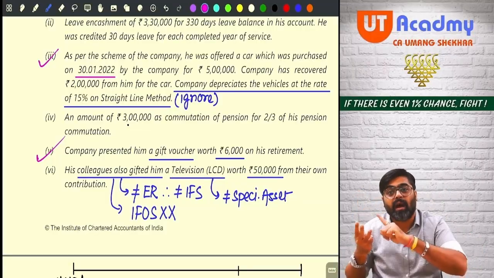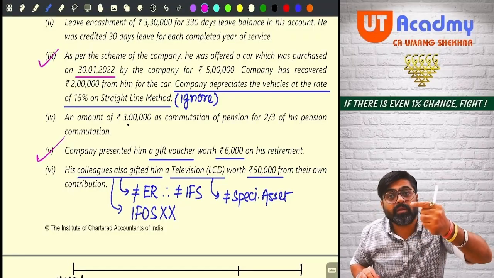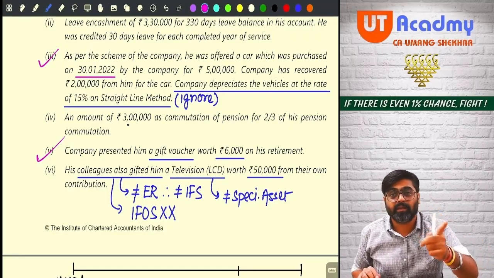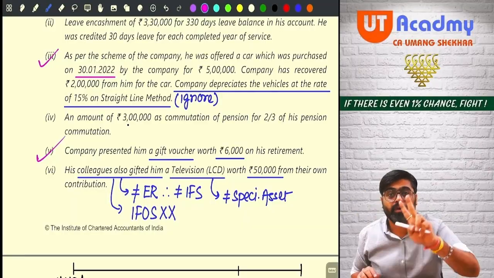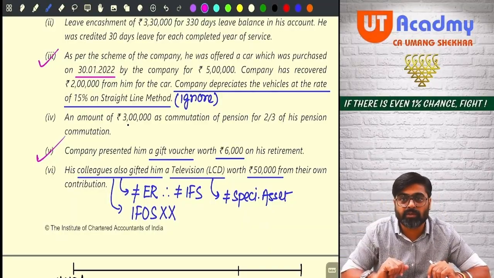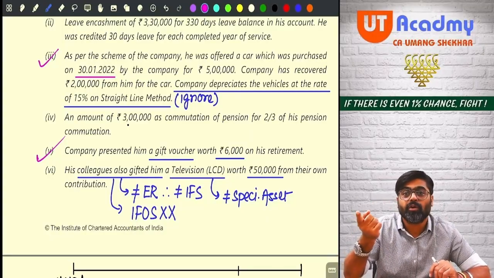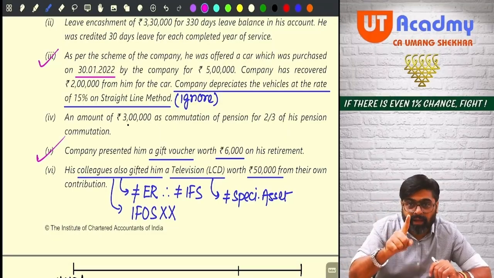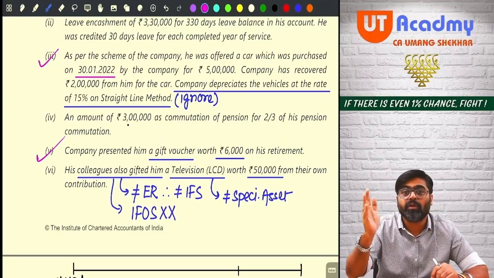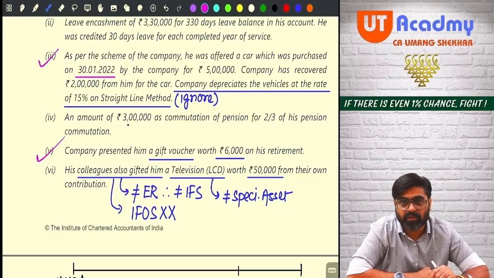So can I say, after using for a full 3 years, on the immediately next day, the car is given to him for rupees 2 lakhs. So for 3 years, the wear and tear will be reduced. At what rate? 20% WDV basis. So 1,80,000 and 64,000 will be depreciation, wear and tear for these 3 years.